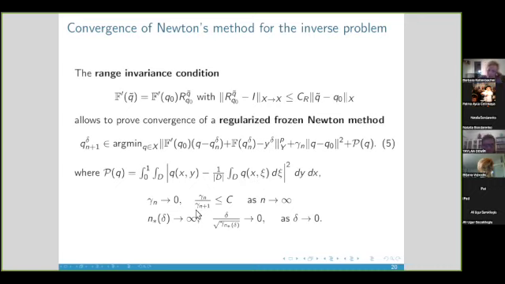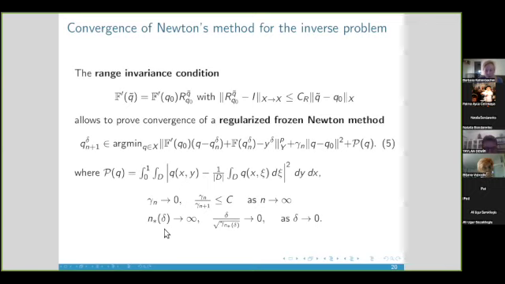Then with this choice of regularization parameters, so first of all, regularization parameters should tend to 0, but not too fast. That's this condition. And then we also have to stop Newton's method in order to prevent that the noise that is indicated here in the data does not explode. So on one hand, we should iterate long enough.